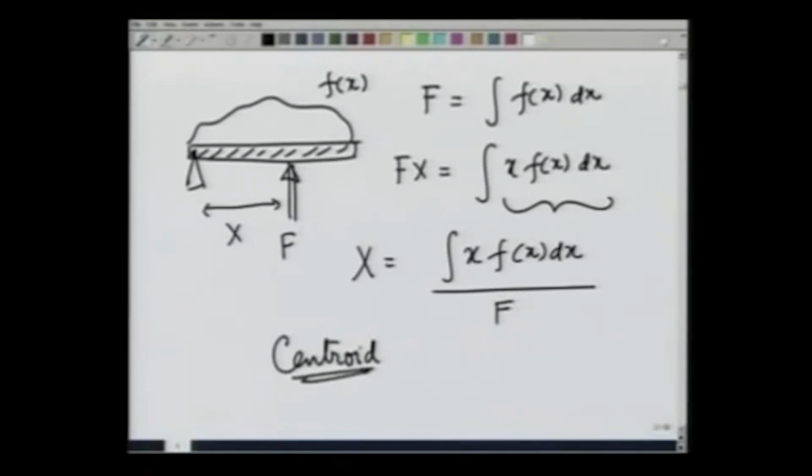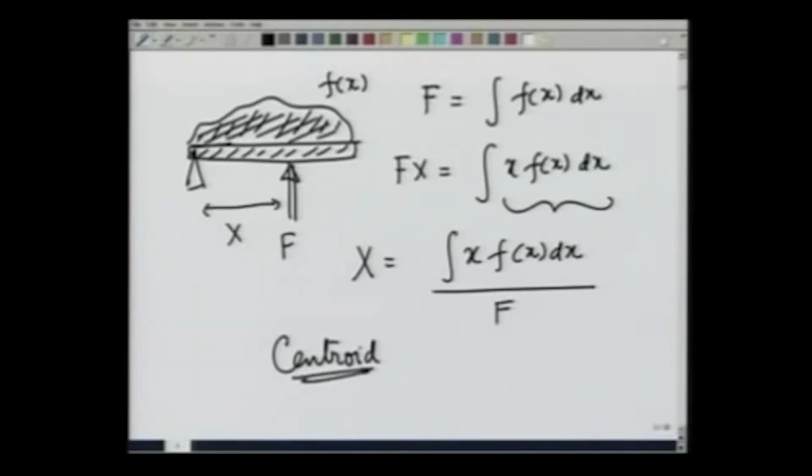Therefore, the net force is the area of this force distribution curve, and the point at which effectively this force acts is the centroid of this area formed by the beam and this force distribution curve.